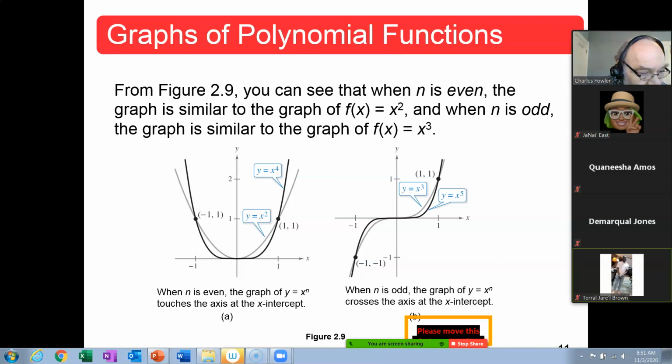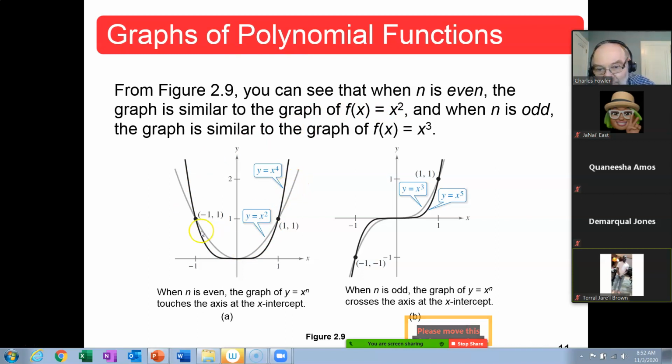Chapter 2, Polynomial and Rational Functions, Section 2.2, Polynomial Functions of Higher Degree. We're talking about those higher than 2, okay, because we dealt with quadratic functions in Section 2.1. And we're on page 124, top of the page. Okay. When n is even, the graph of any of your polynomial power functions, f of x is equal to x to the n, when n is even, they look a lot like your parabola.